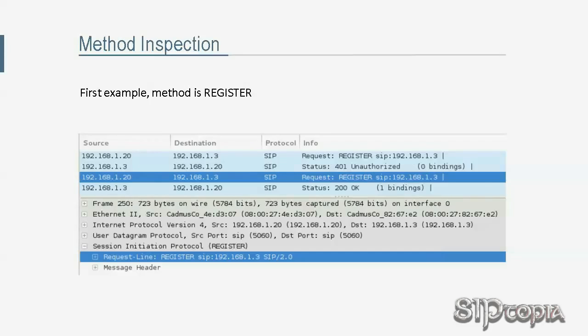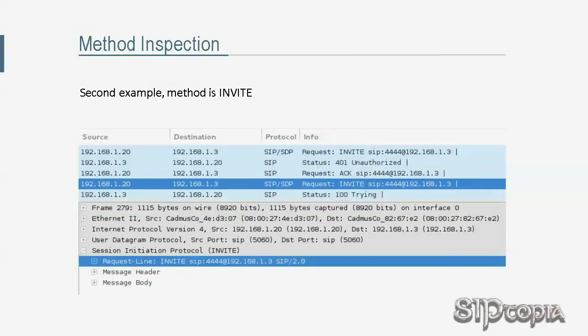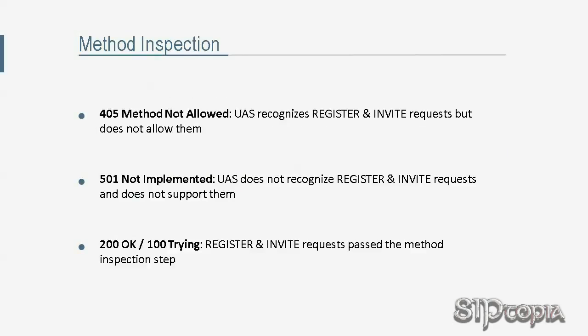After the authentication is complete, the UAS moves on to method inspection. In our first example, the method is register. In our second example, the method is invite. We have discussed all the responses defined in RFC 3261 with examples in our RFC 3261 Simplified Series Part 3, as I mentioned earlier. At this point, per RFC 3261, if the user agent server recognizes register and invite requests but does not allow them, Tarzan would receive 405 method not allowed response.